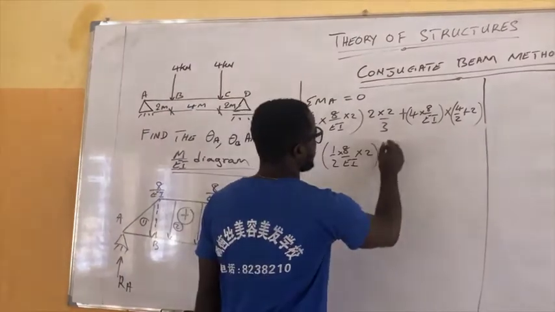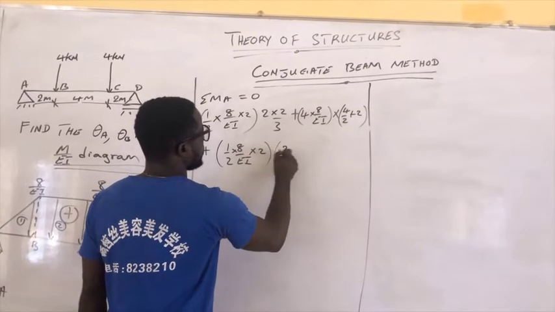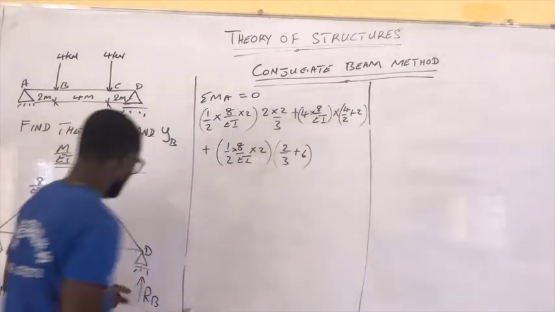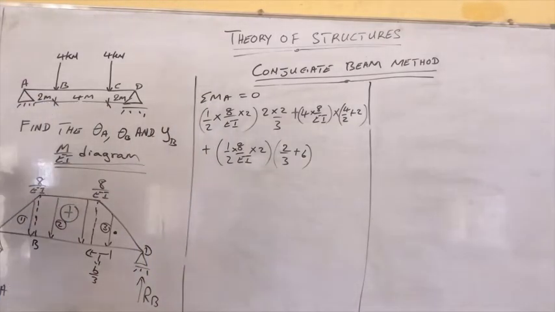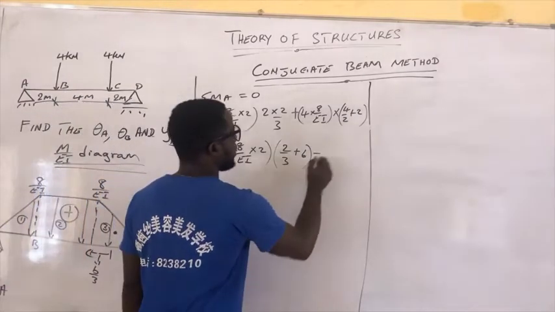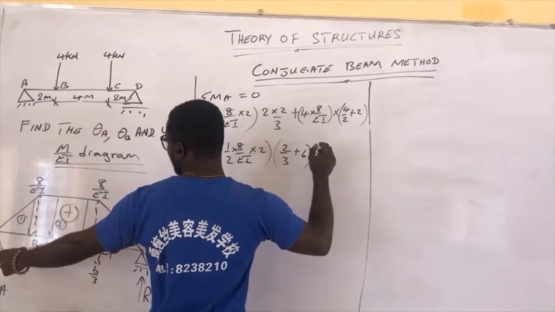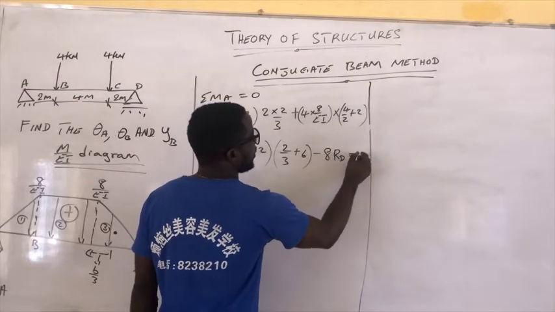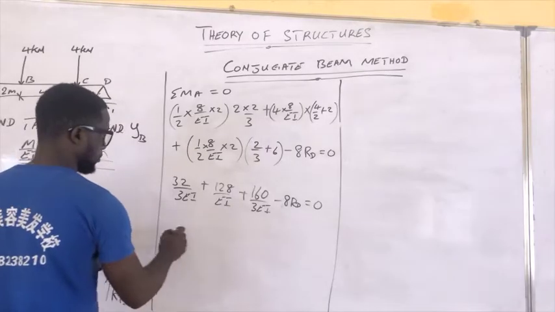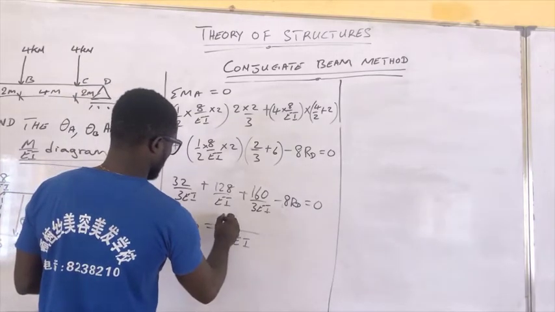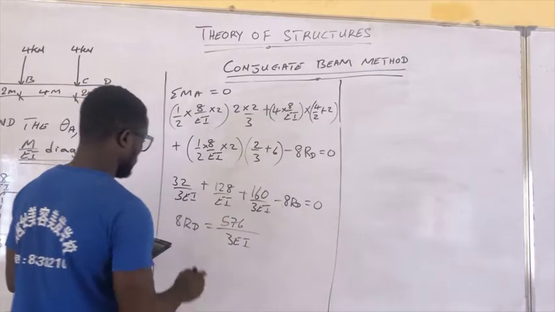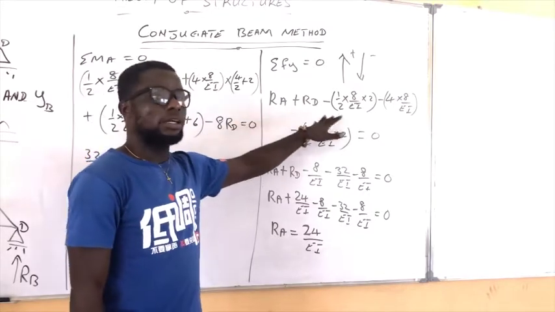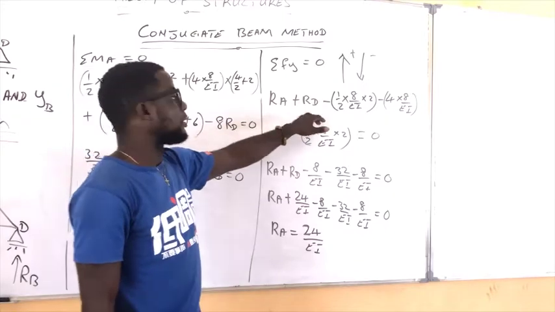So I'll have 2/3 plus 6. Then this also, the RB, will go in anti-clockwise direction. Multiply by total distance, which is 8. You have plus 8 RB equals to 0. The summation of the vertical forces, the RA and RB is going upward, they take positive.